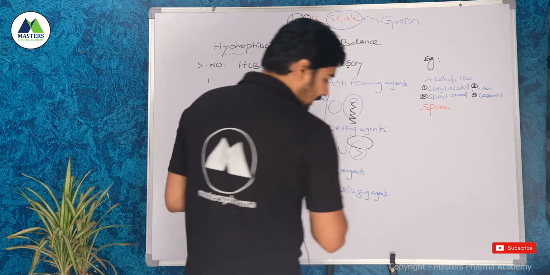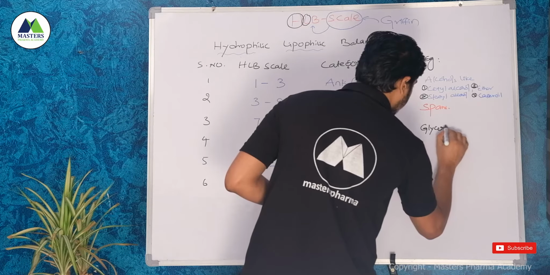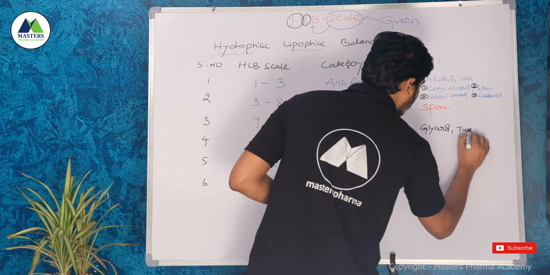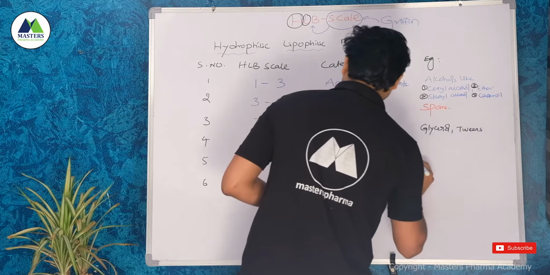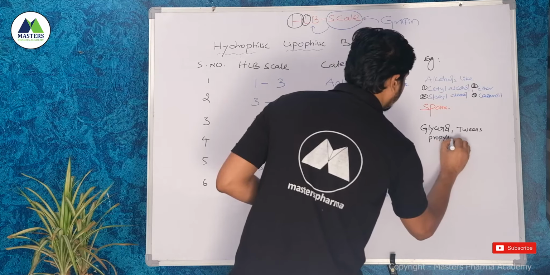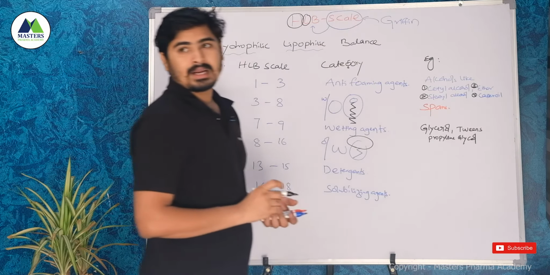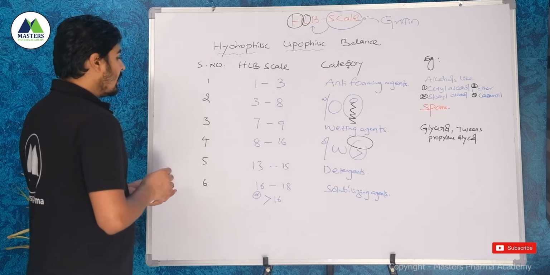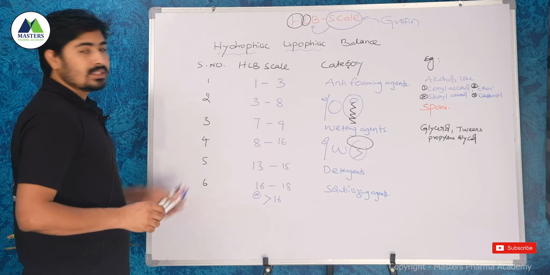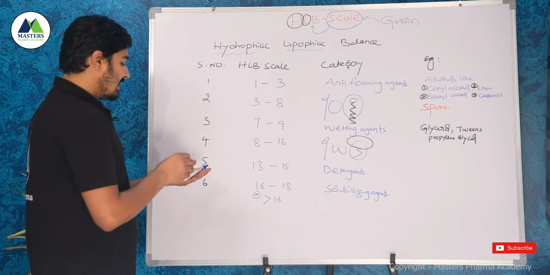Here the examples are glycerol, and Tweens also act as wetting agents, as well as propylene glycol. Okay, next 8 to 16. This belongs to the O by W emulsifying agents category.